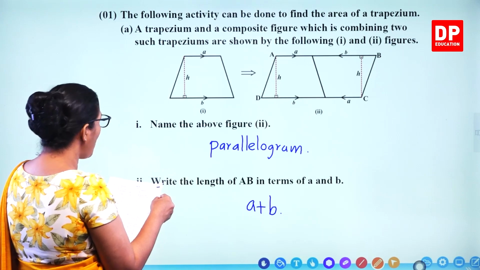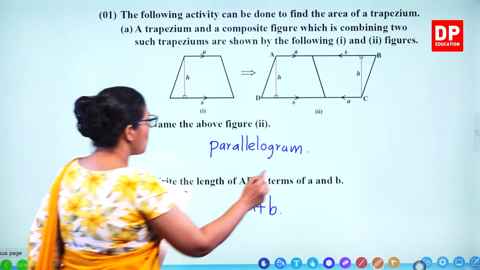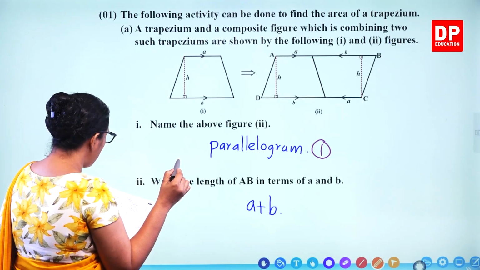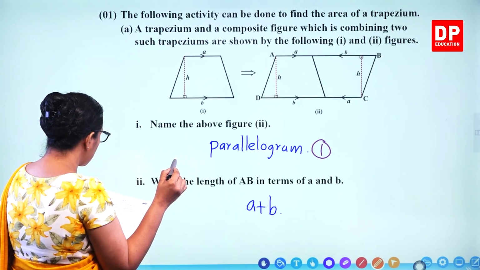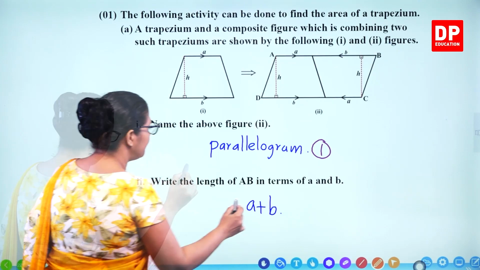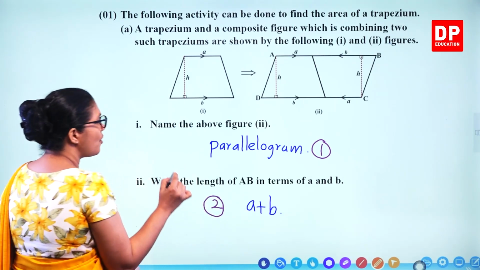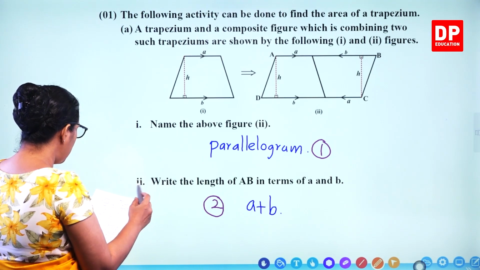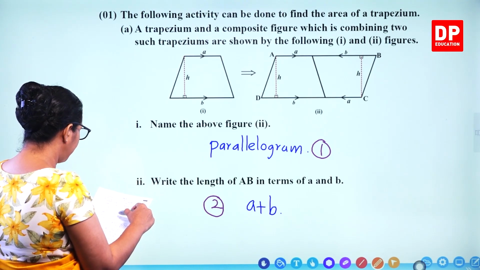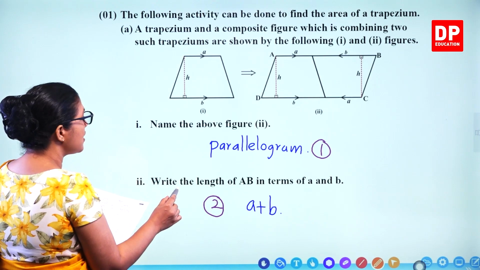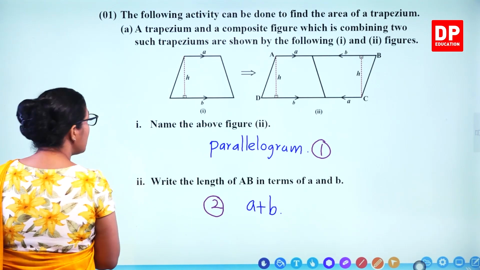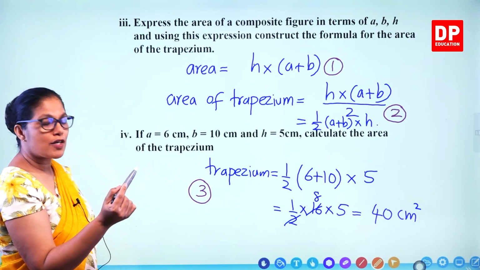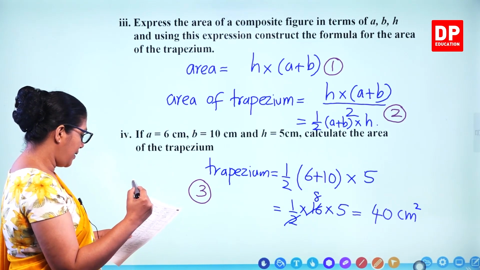And the previous one, this is 1 mark for writing parallelogram, and A plus B, you get 2 marks. So how many marks altogether for this part? So we did only part A. Part A, you get 2, 3, 4, 5, 6, 7, 8, 9 marks for part A.